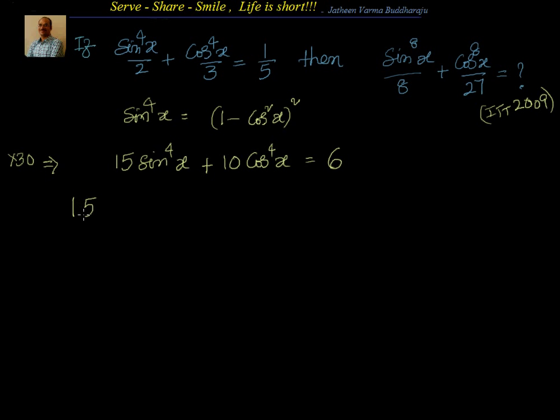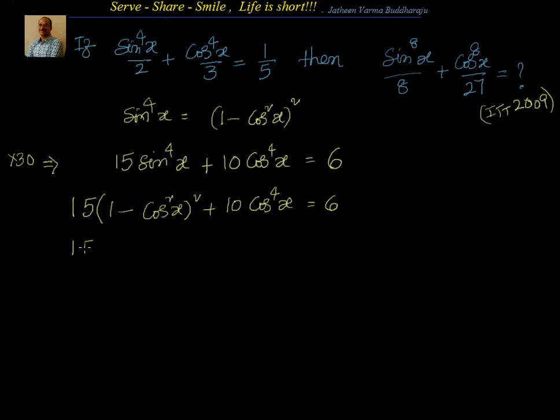For that, I'll write 15 into 1 minus cos square x whole square plus 10 into cos to the power of 4x is equal to 6.